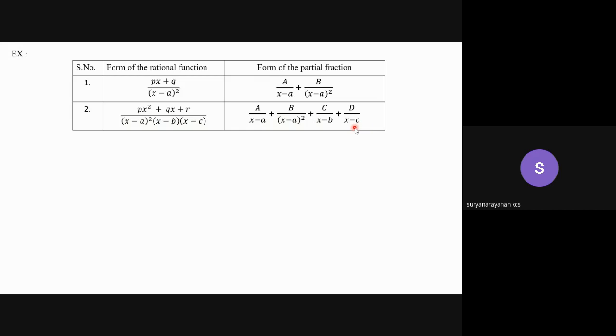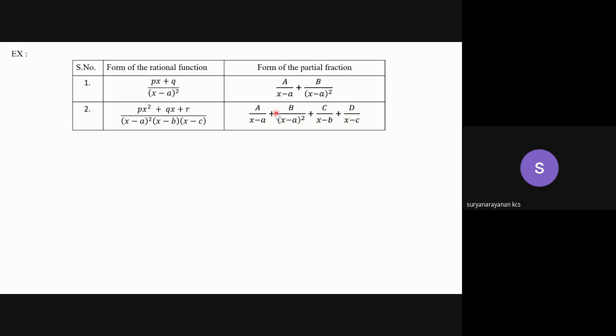I have shown the partial fraction by laser pointer. Can you tell me that partial fraction at least, by observing this laser point? D by (x minus c), sir. D by (x minus c). So here we wrote 4 partial fractions.